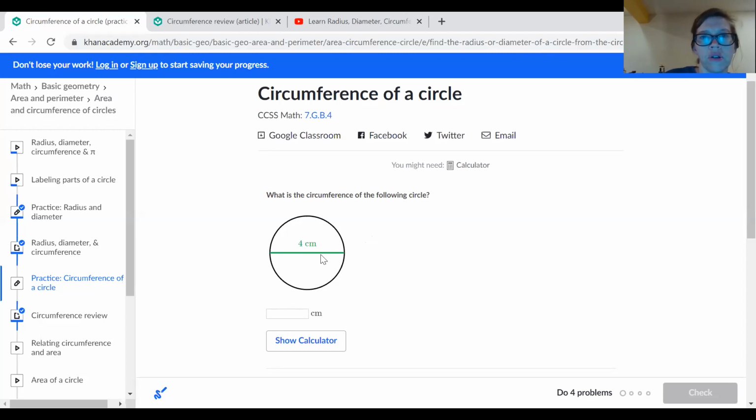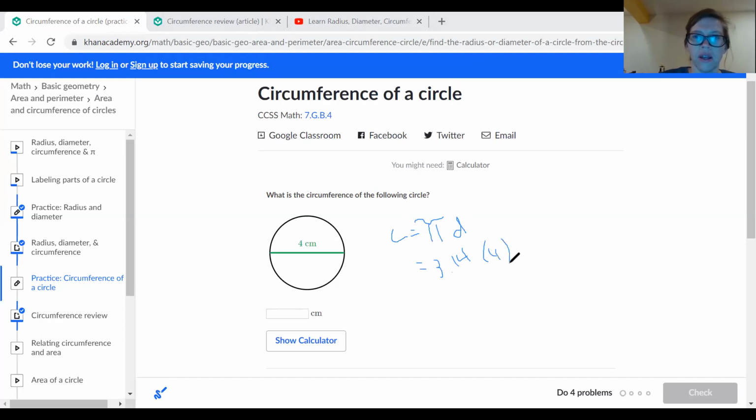So you just need to use your formula, which I will write here for you. The circumference is equal to pi times the diameter, right? So go ahead and replace pi with 3.14, and then multiply that times the diameter, which is 4.